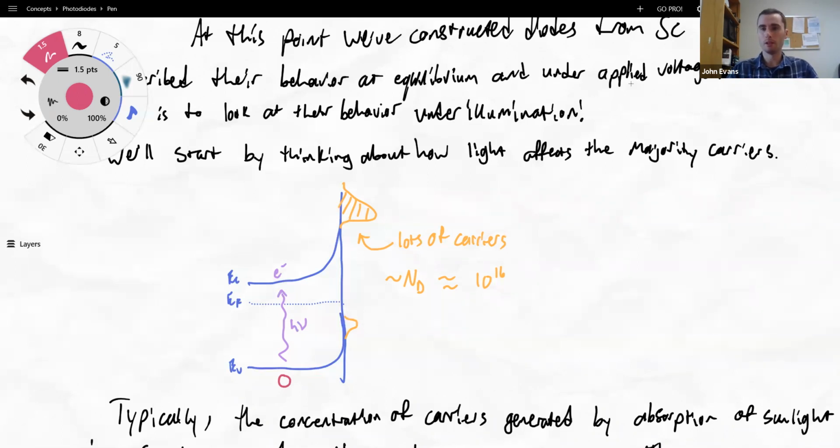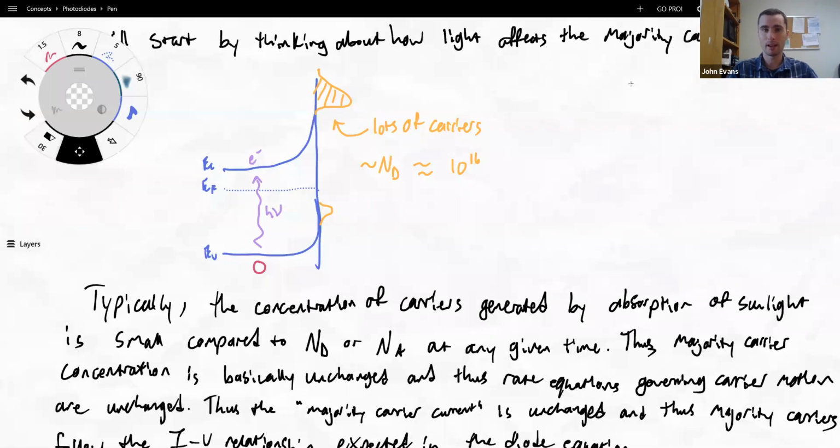So when we illuminate it, the photon flux and the absorption coefficient work out such that the concentration of majority carriers generated from the photons is insignificant compared to the concentration of carriers from just the dopants. That's typically how this works.